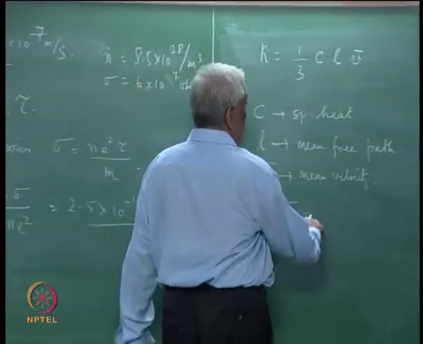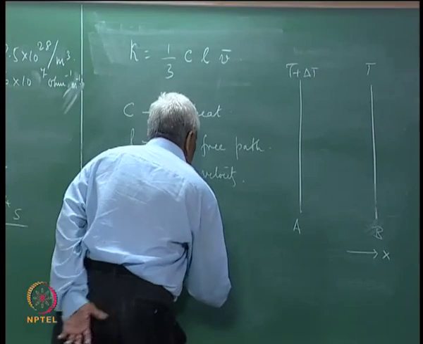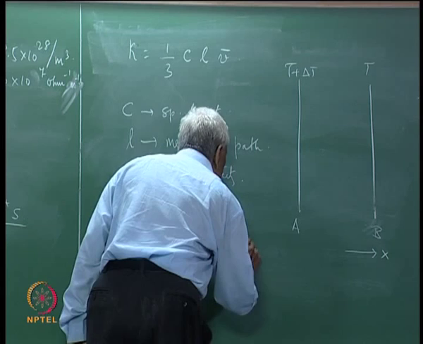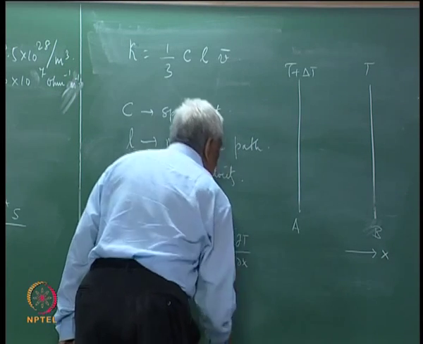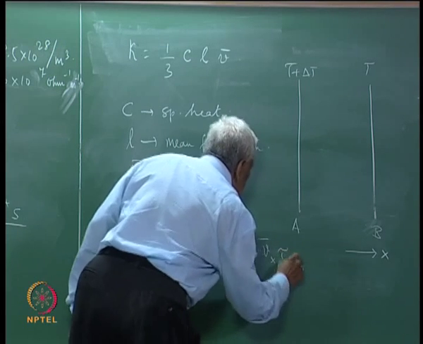Therefore, if this section is separated by a mean free path, then delta T is dT by dx times V x bar tau.